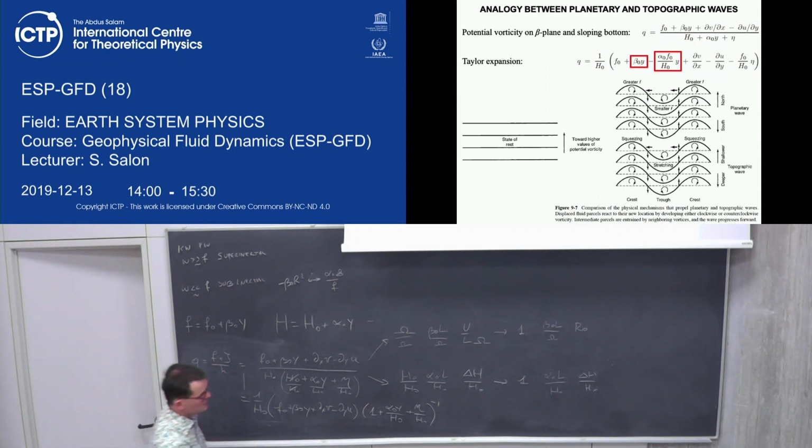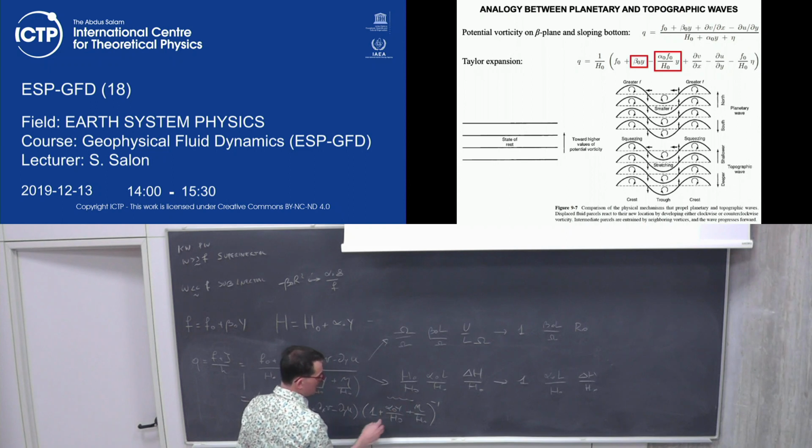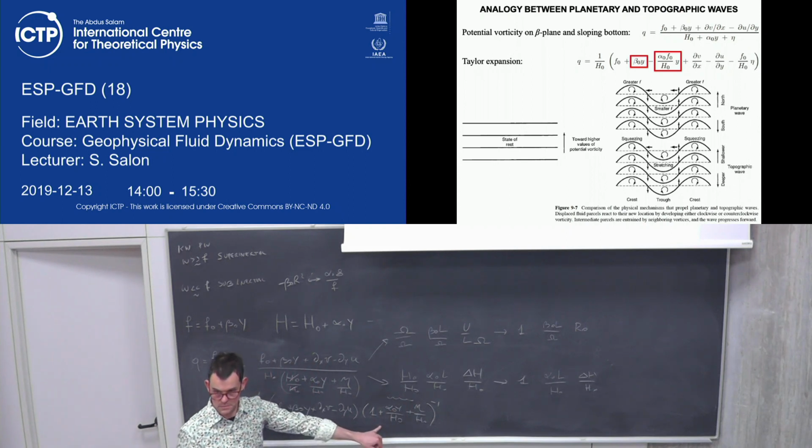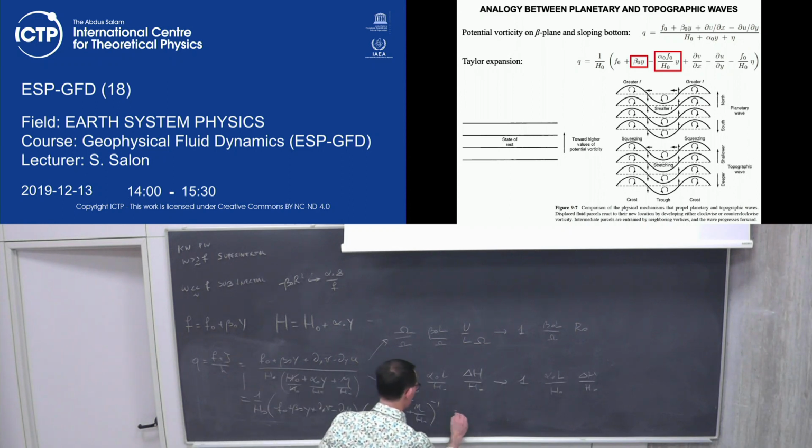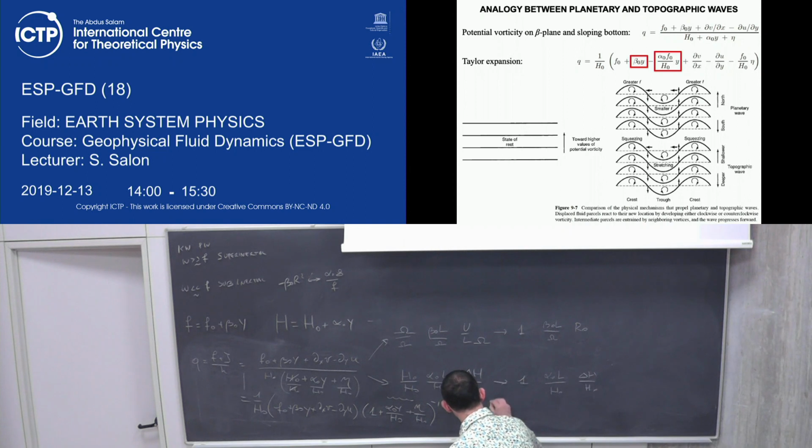And now, since these terms here are much smaller than 1, I can use the Taylor expansion. So we'll have 1 over H0, again, F0 plus beta 0 y plus zeta, and then 1 minus alpha 0 y over H0 minus eta over H0.